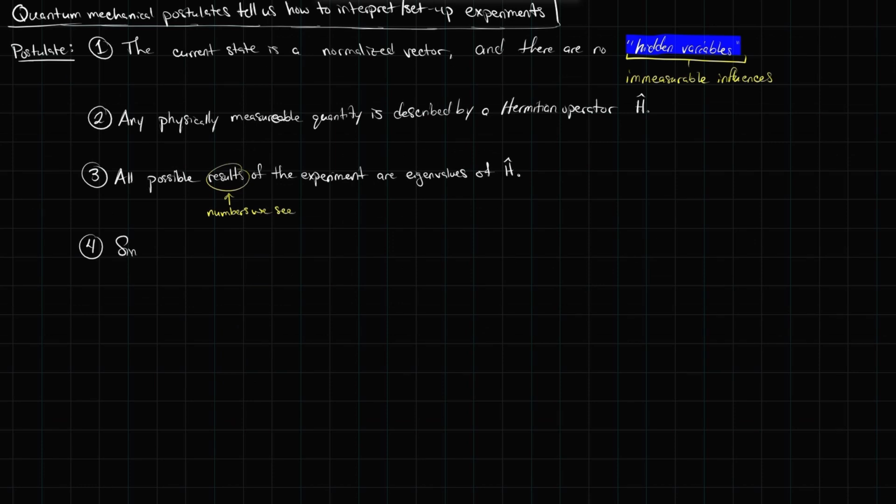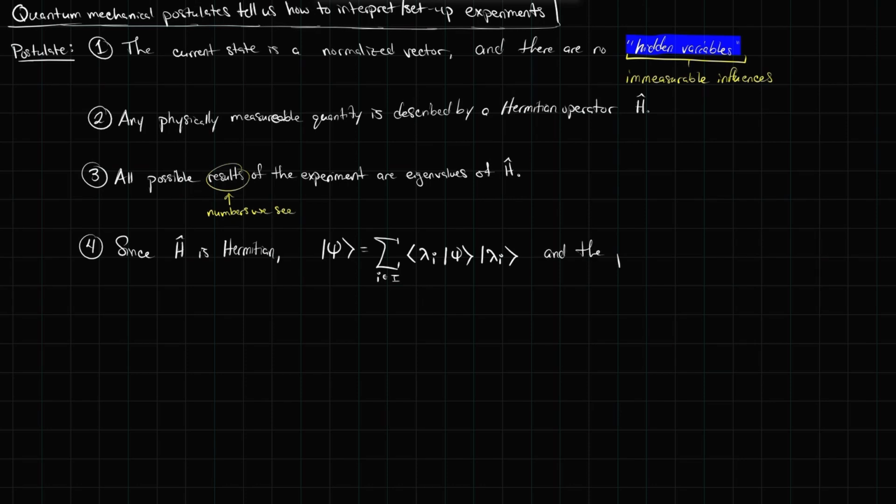Postulate 4: since H is Hermitian, any given state can be represented as a superposition of states against the eigenvectors of H, because the eigenvectors are necessarily orthonormal. So i is in some index set here.